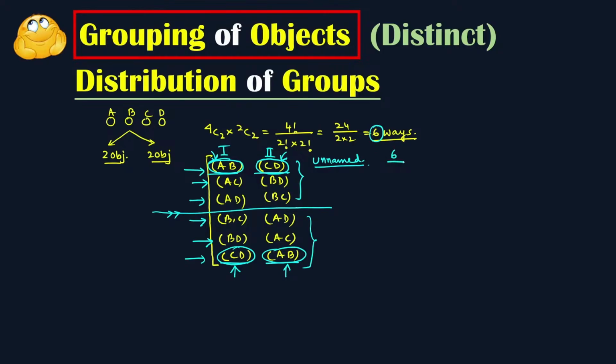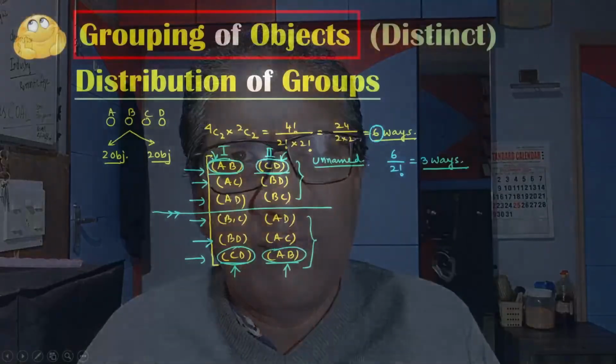It will be 6 divided by factorial 2, that is 3 ways. Is it clear or not? Have you understood this or not? The line of symmetry is dividing the total ways of forming the groups into 2 equal halves. Therefore, I have divided by factorial 2 to get the total number of distinct ways of forming two groups having two objects each. Is this clear?